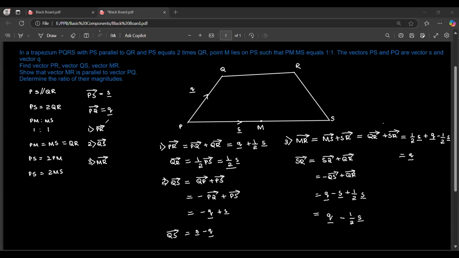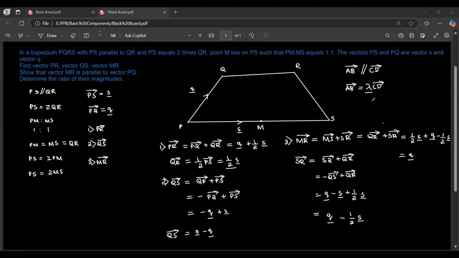So now we are done with three questions. The fourth question is to show that vector MR is parallel to PQ. To be parallel, keep this in mind. To show that two vectors are parallel, let's say we have AB, and if they say AB is parallel to CD, that means AB is equal to lambda CD.